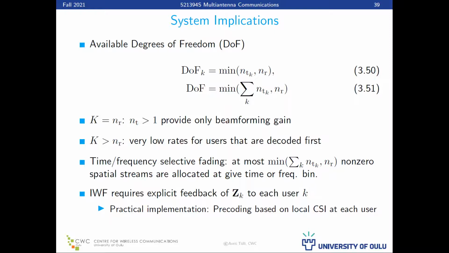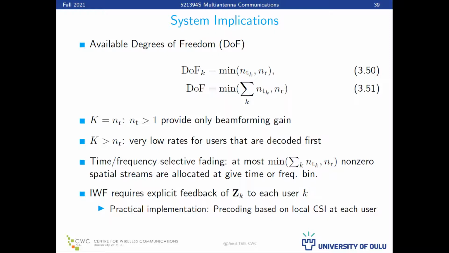And if we have, let's say, 5 users, but 4 streams, still we would most likely assign 1 stream per user. But when we decide the decoding order, if we decode this first, assuming all these other interference, we have only 4 degrees of freedom to remove the interference in the space domain.